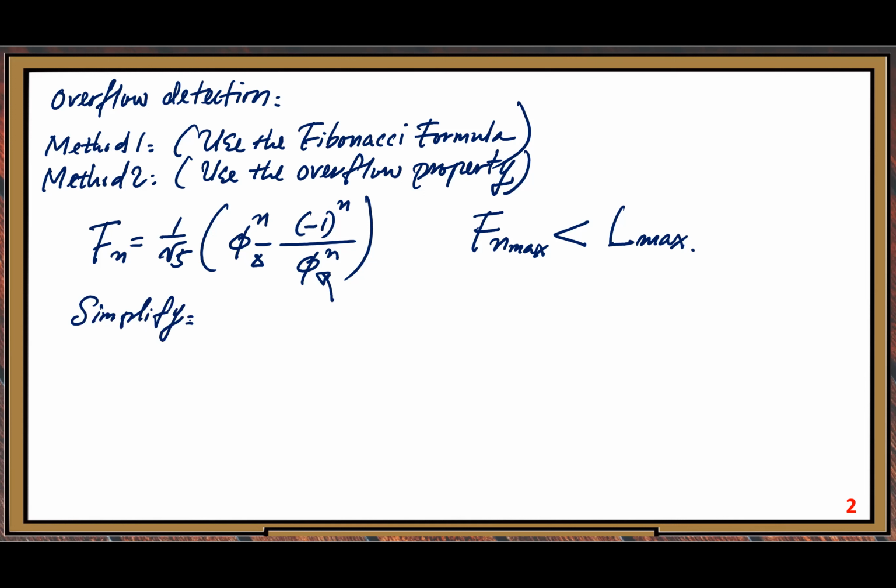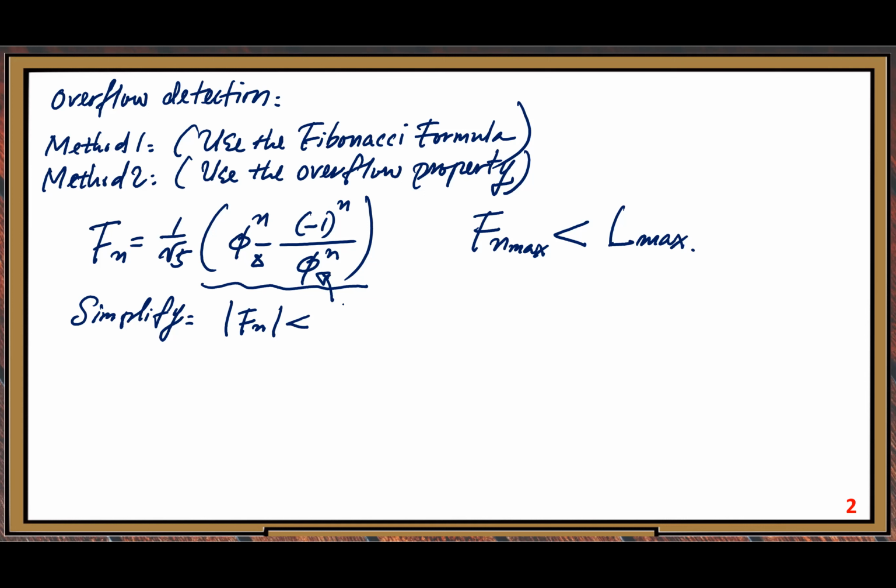So here we take the absolute value. We know a Fibonacci number is positive, right? The reason I use the absolute value is that in this expression there is a negative term. If I use the absolute value, I can take care of that negative term.